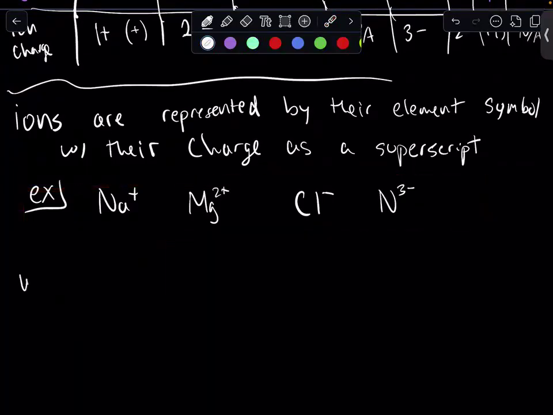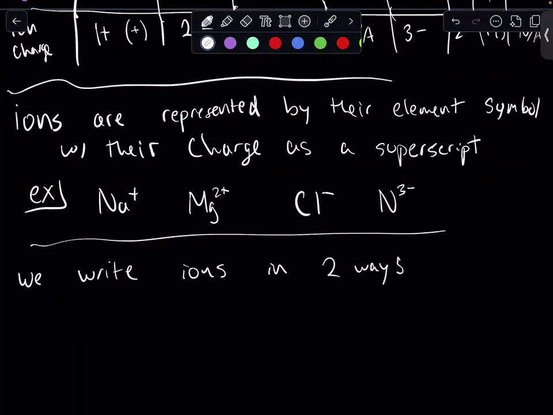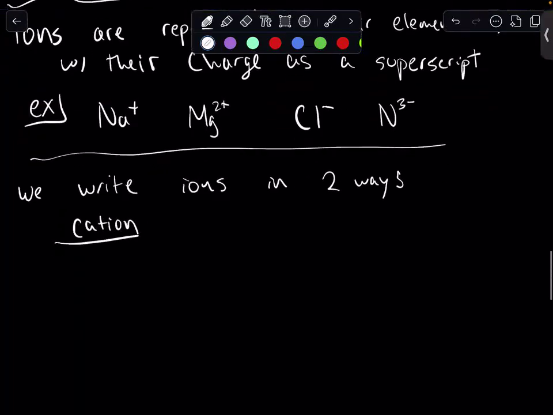So if we're writing or talking about them, we write ions in two ways because it depends. If they are a cation, it's very simple. We just do name plus ion.